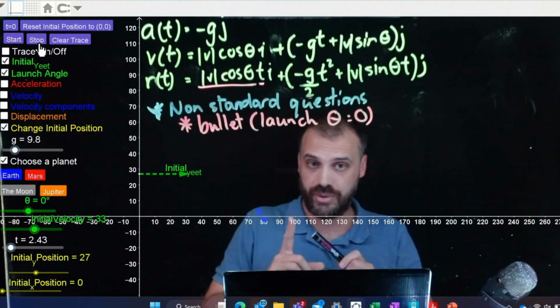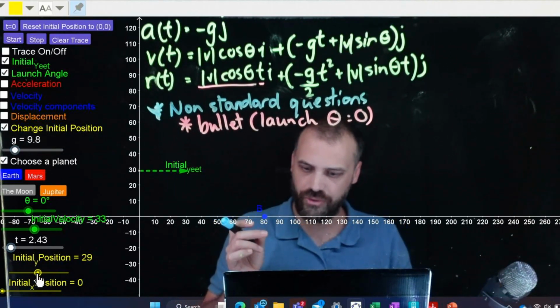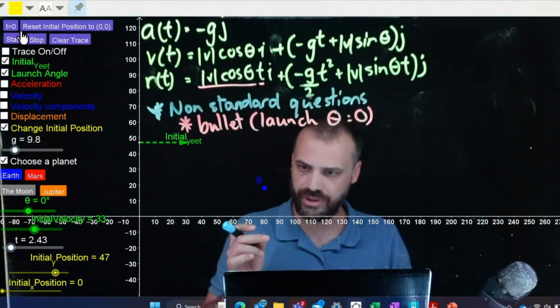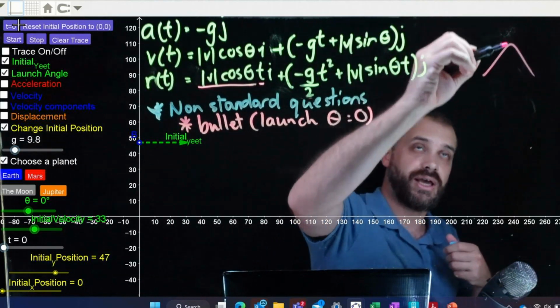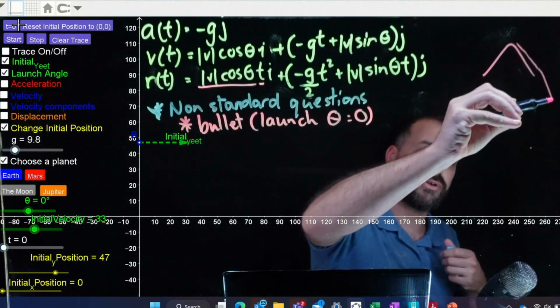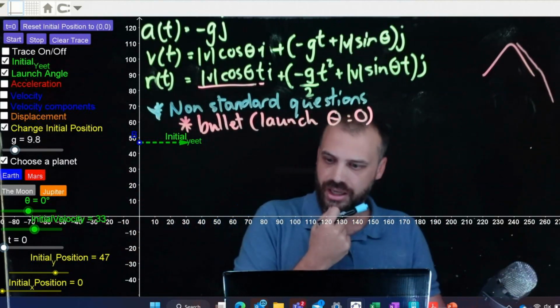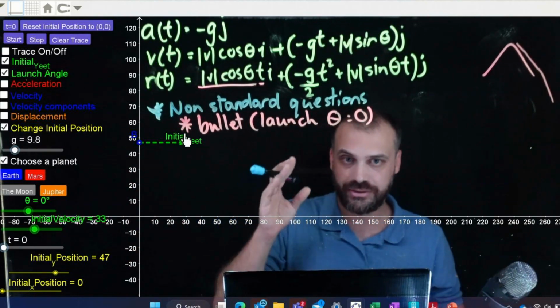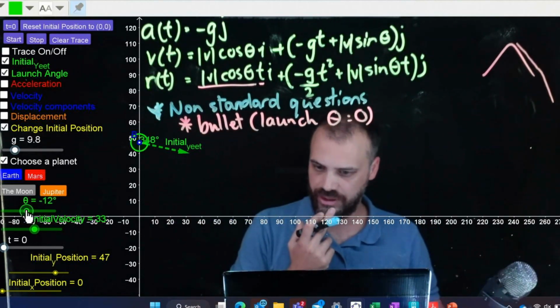The second one is an object falling off a roof. Okay, so you've got like a house, and your object rolls off the roof and falls down. Like it builds up speed, rolls off the roof, falls down. Its launch angle is negative. So something like that.